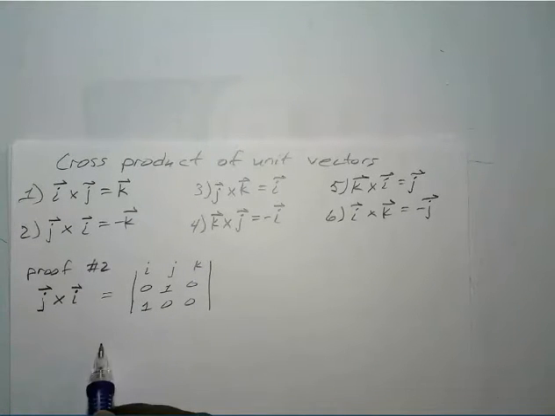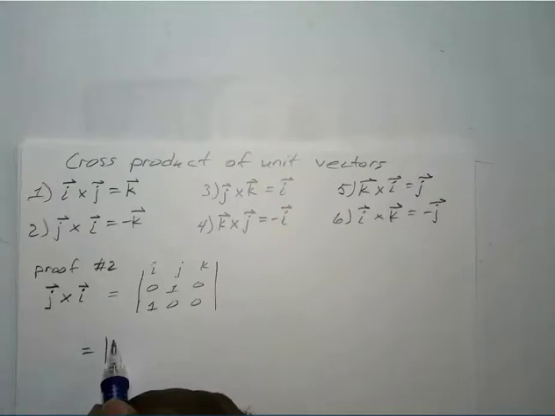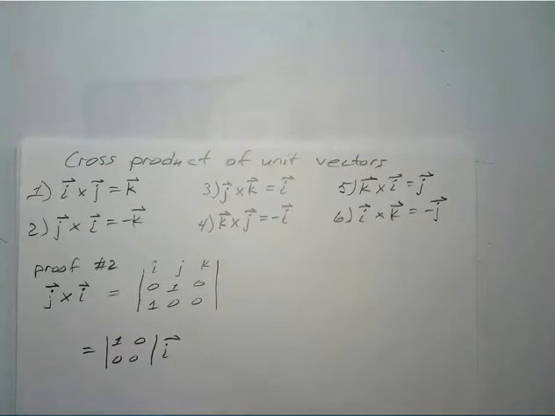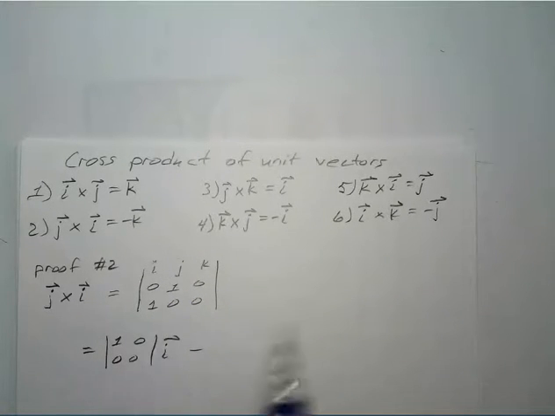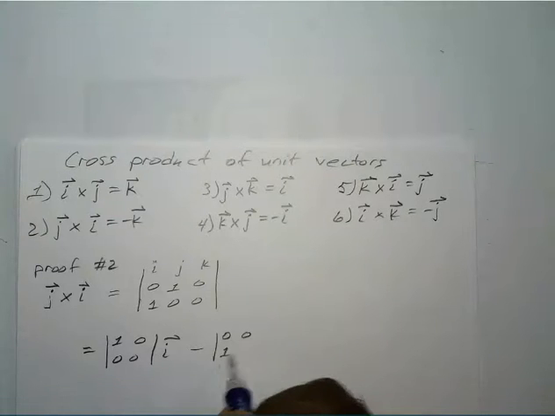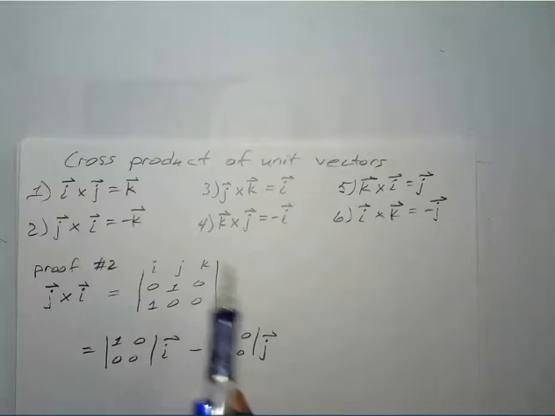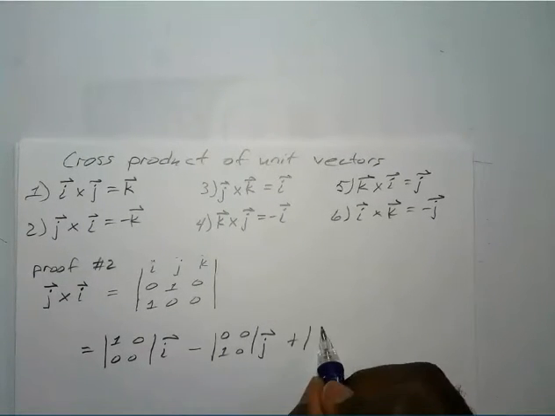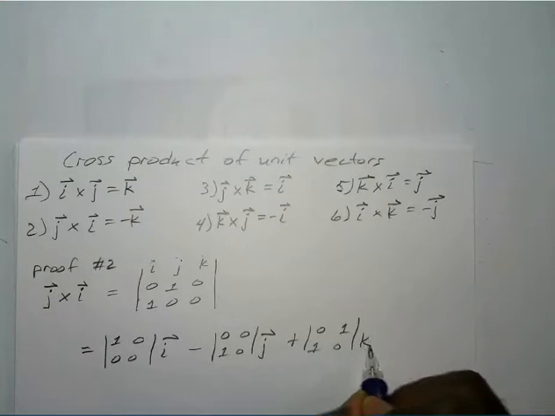Okay, so that's going to equal, we cover up our I, we have 1, 0, 0, 0 times our I unit vector, minus, we cover up our j, we have 0, 0, 1, 0 times our j vector. Now if we cover up our k, we have 0, 1, 1, 0, and that's times your k unit vector.